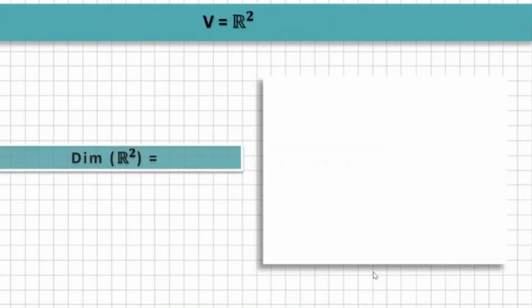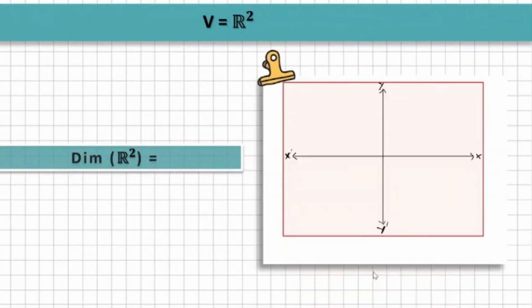Let's take the vector space R2. Can anyone say the basis for R2? Yes, the standard basis of R2 is (1,0), (0,1). Then what is the dimension of R2? 2. Yes, that's 2. Now let's take a subspace W1 as the x-axis.